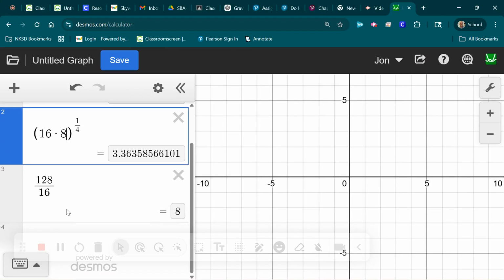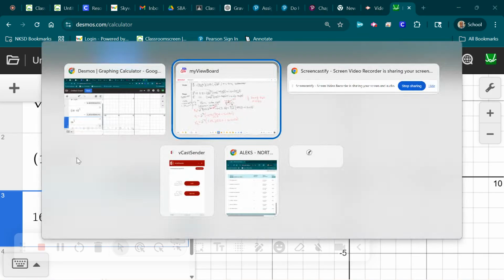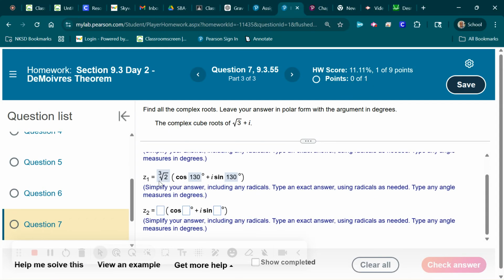Well, I can take the 4th root of 16. See, 16 to the 1/4 power is just a plain 2. So because I can take the 4th root of the 16, I'm going to put 2 4th root of 8. Now that's not coming into play on my problem that I'm doing right now, because the cube root of 2 is as simple as possible. So if you're missing your problem, it might be because you didn't simplify the radical.